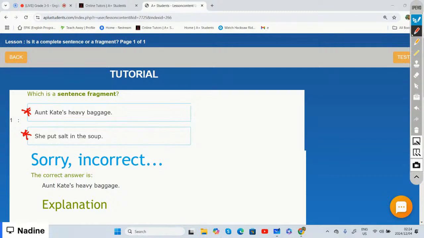Is it the first one, and Kate's heavy baggage, or she put salt in the soup? Which one is the sentence fragment?